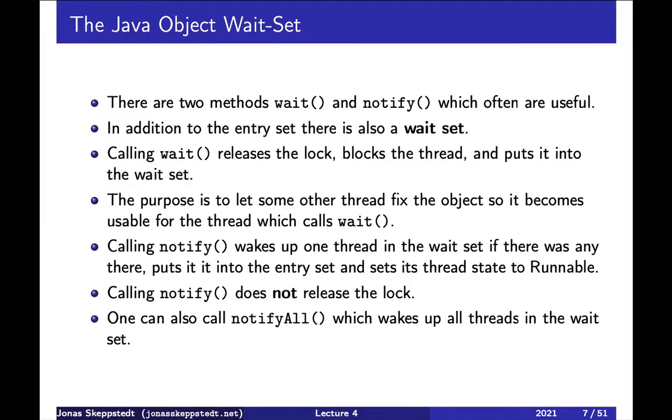What happens then is that it is put into the entry set, meaning that it will possibly get the lock next. Okay, calling notify does not release the lock. And we can also call notify all, which wakes up all of the threads and puts them into the entry set.